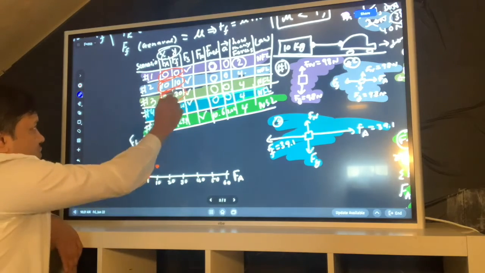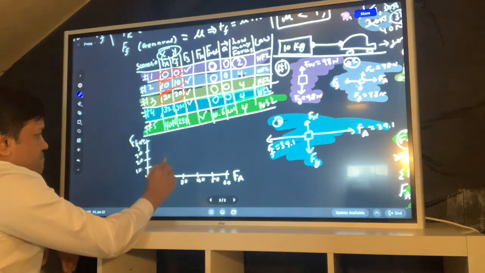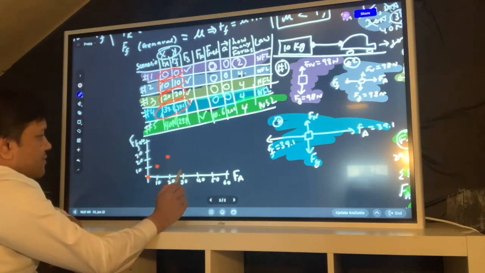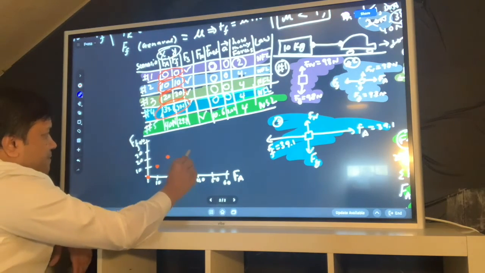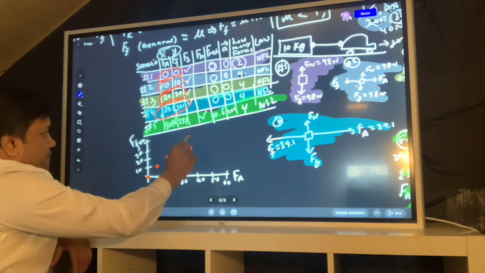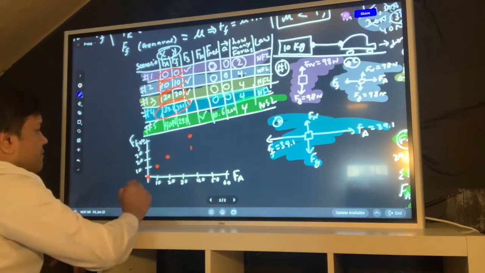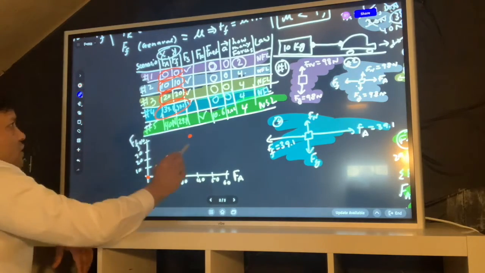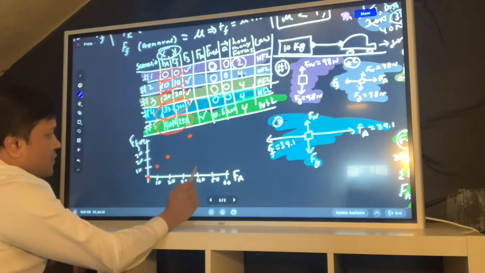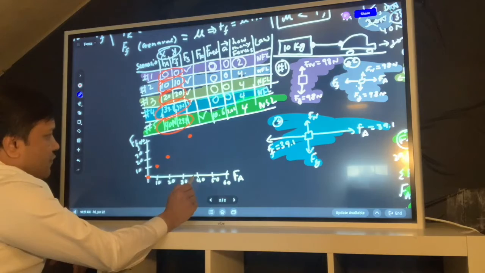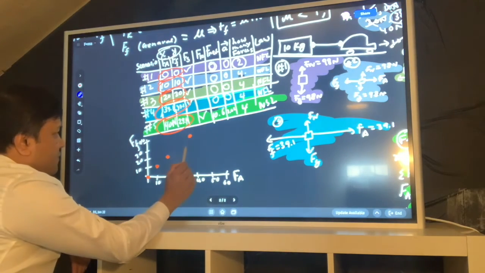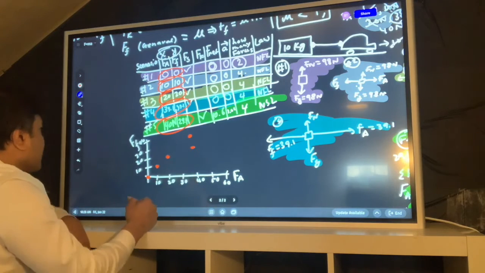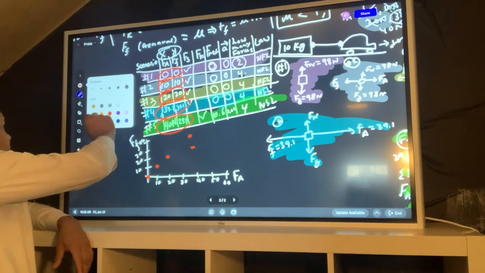The third point is 20, 20. The next point is 39.1, 39.1. The next point is 40, 29.4. So 40, 29.4 right here. Alright, so let's connect the dots.